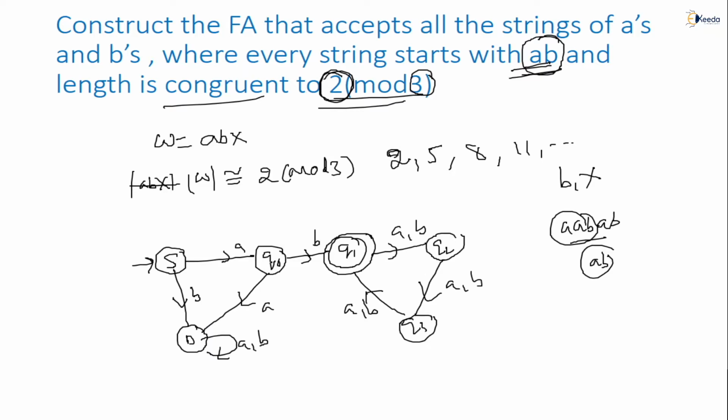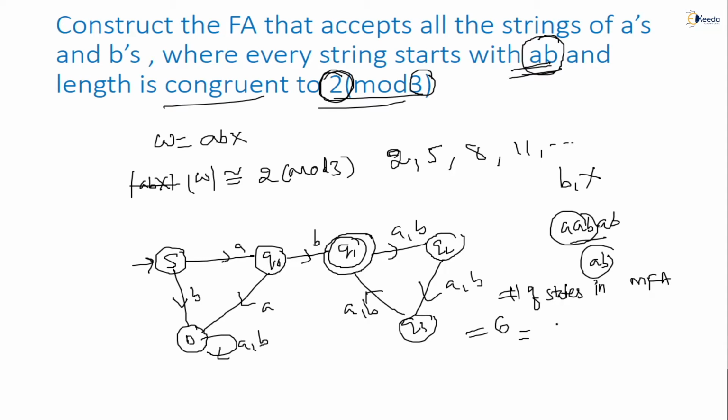S on A comma B, Q0 on A comma B, Q1, Q2, Q3 on A comma B are there. So this is the exact FA for the given sigma. Now how many states did we get? 6 states in the minimal FA.